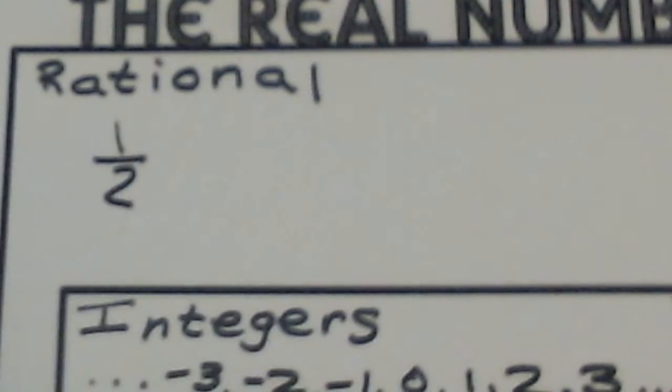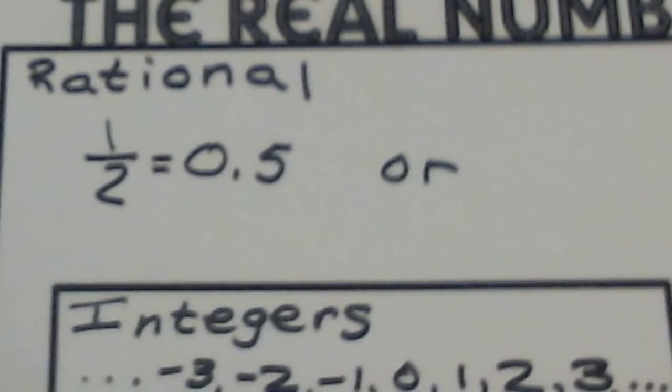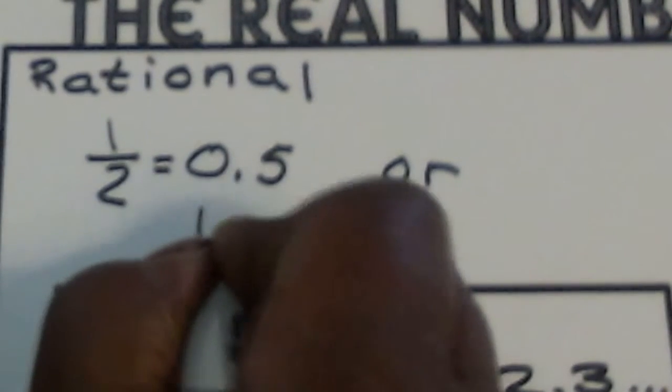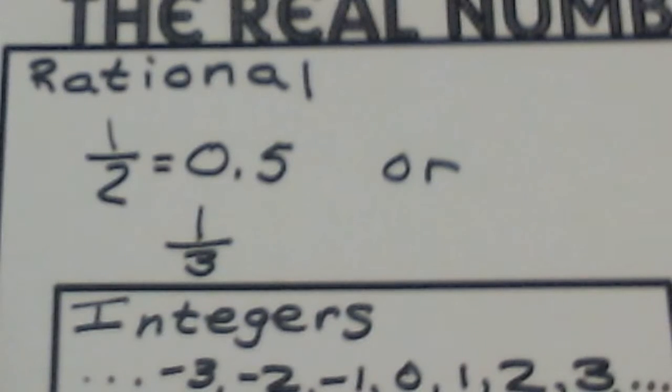Examples of rational numbers are 1/2, which if we write it as a decimal will be 0.5. It stops or it terminates. Or we can have a number like 1/3. Well, let's make this -1/3.